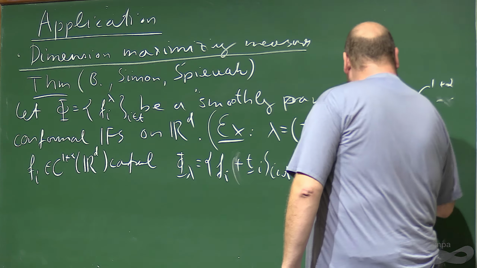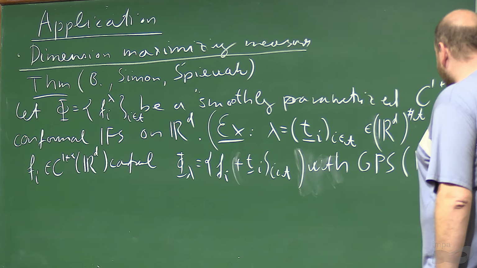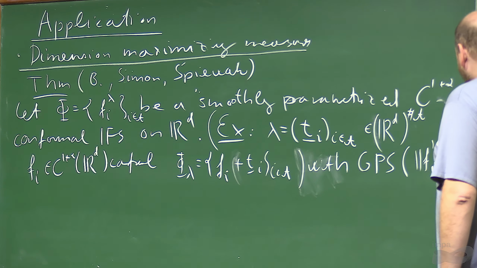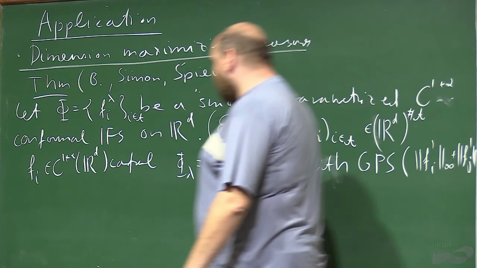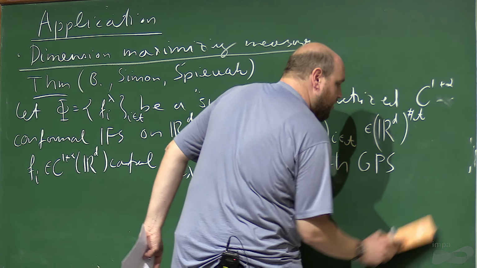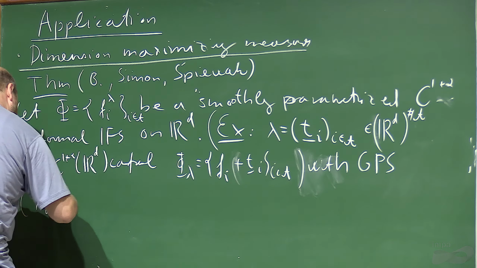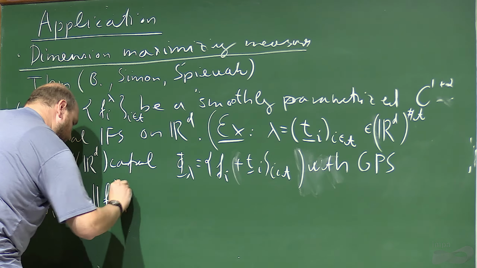So this generalized projection scheme holds, which in our case means that if you take the sum of the sup norms of the derivatives.